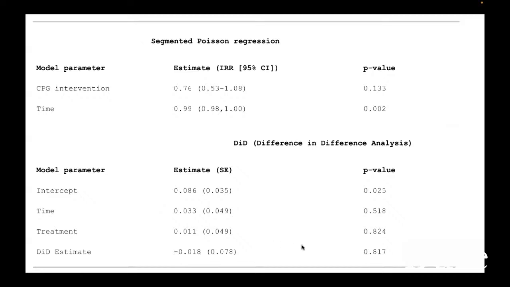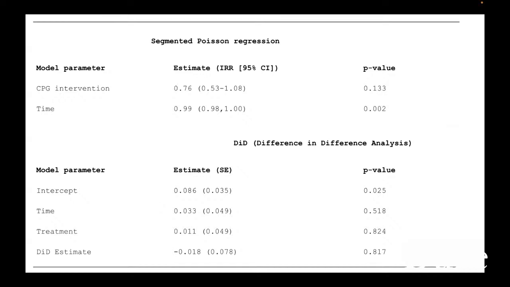And the non-significant p-value shows that the effect we see here is not due to the CPG intervention. It was due to other things like infrastructure changes, human resources, and other factors that we could take into account in your analysis.